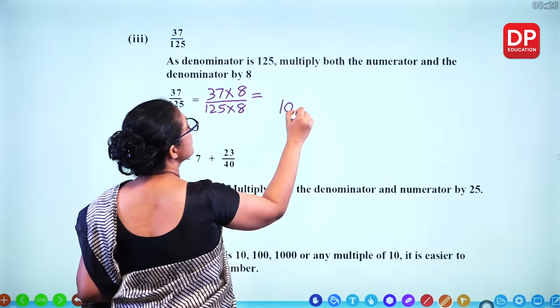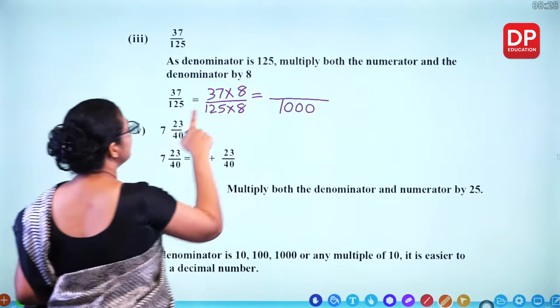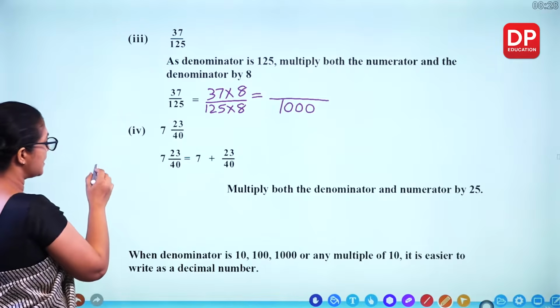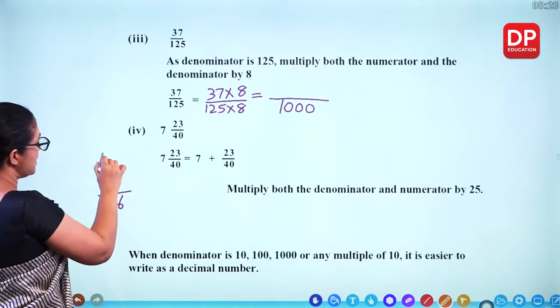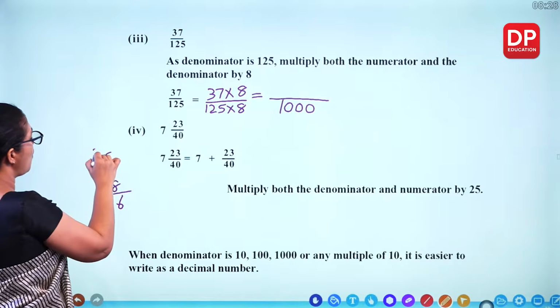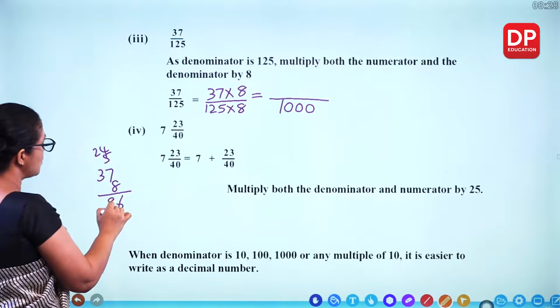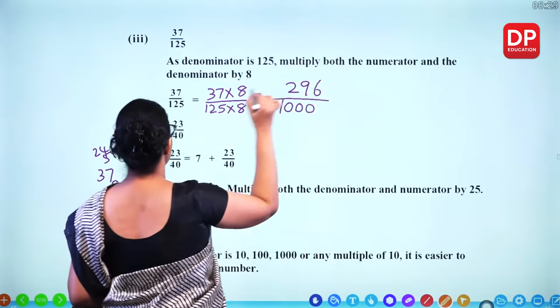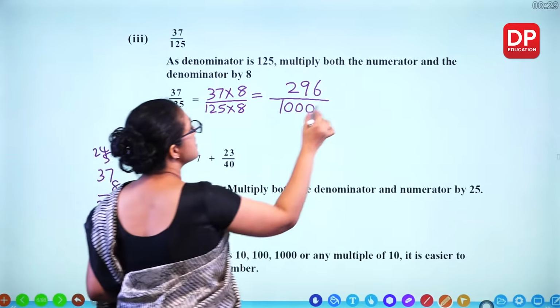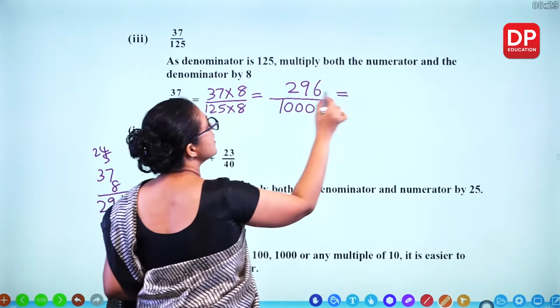Below you get 1000. Now 37 times 8. 8 times 7, 56. 8 times 3, 24, plus this is 29. So 296. So 296 divided by 1000. What do you get?